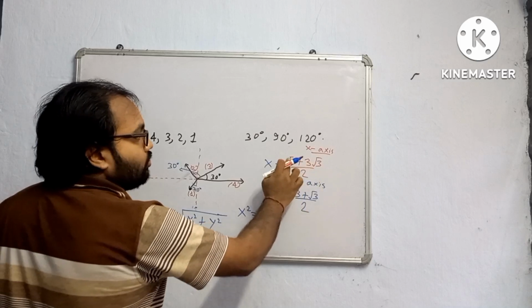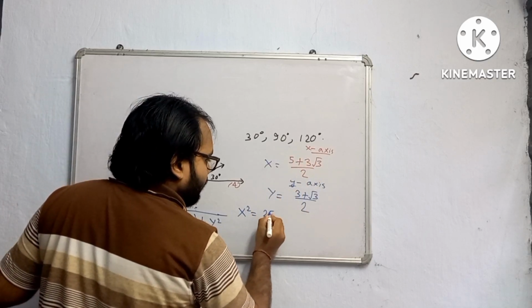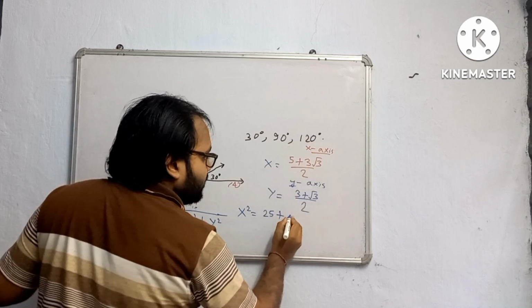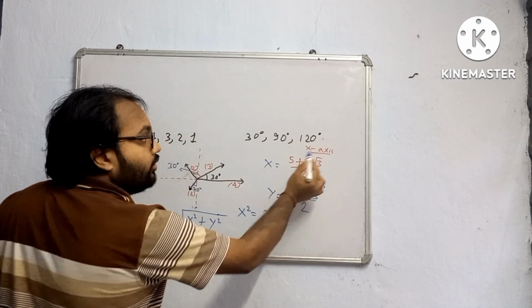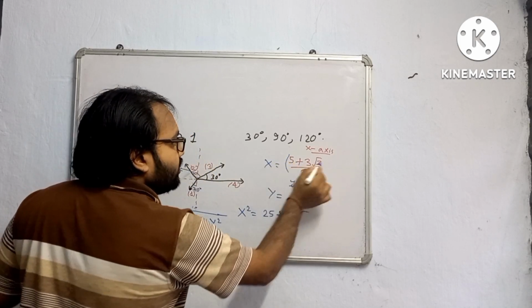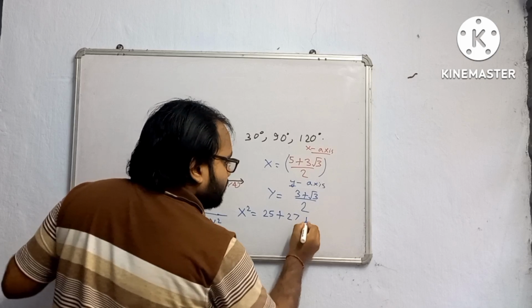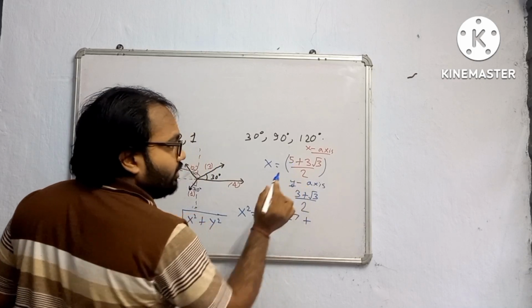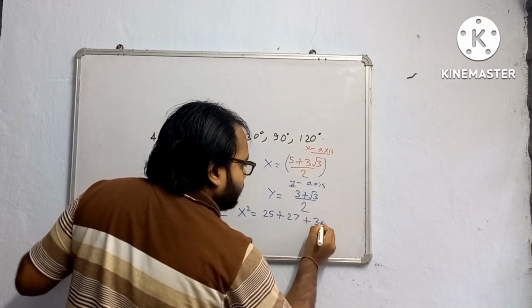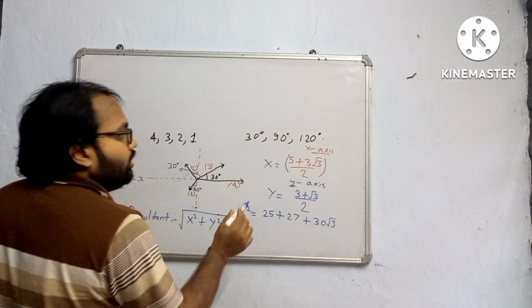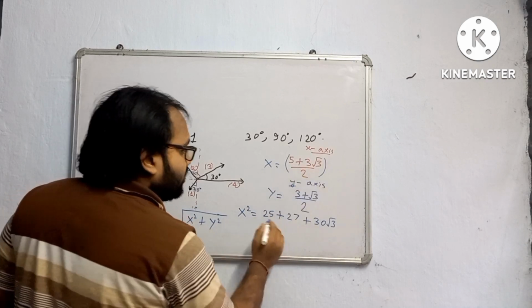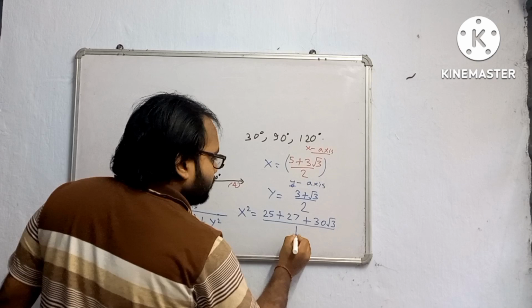So a plus b whole square: a square is 25, plus b square, 3 3s are 9 into 3, 27, plus 2ab, 2 into 5, 10 into 3, 30 root 3, divided by 4.